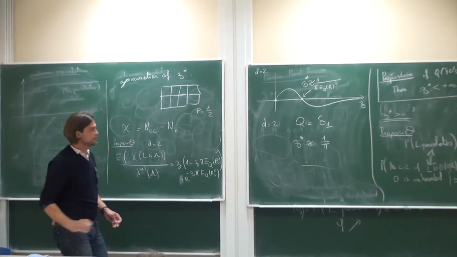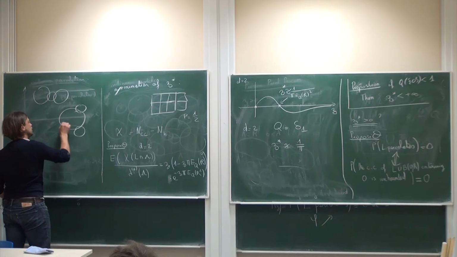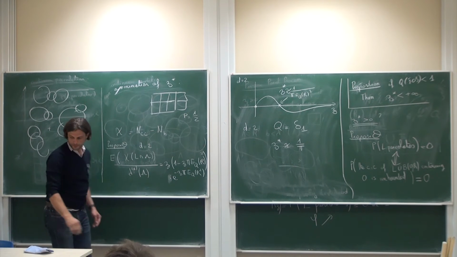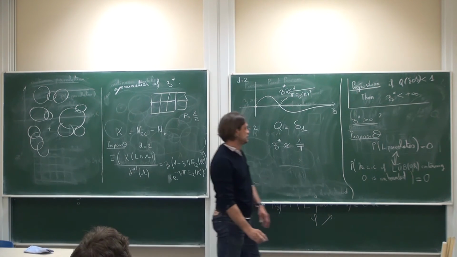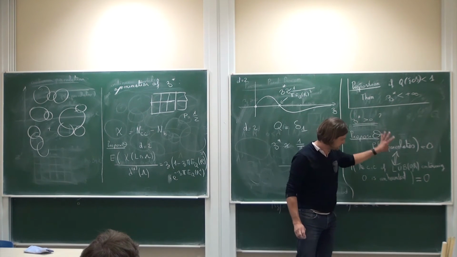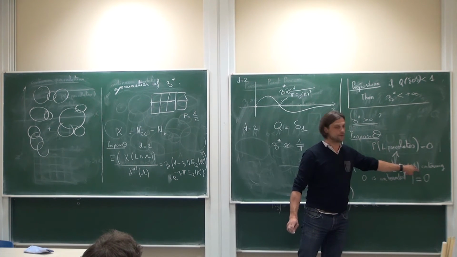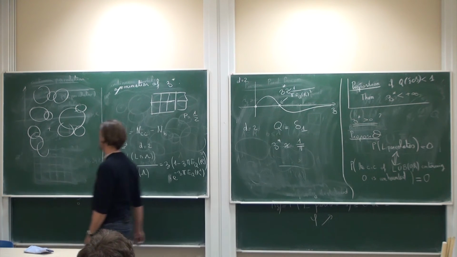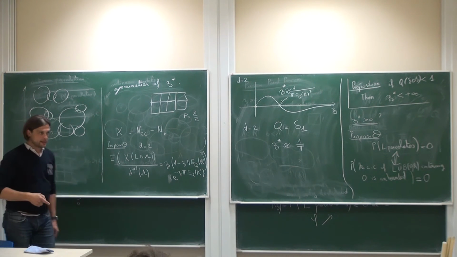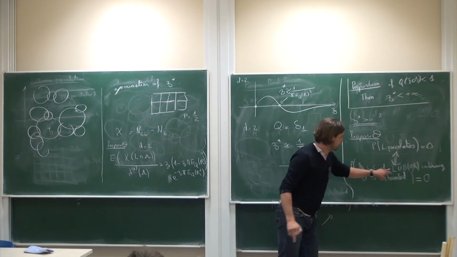So consider here the Boolean model. Like that, you have somewhere 0. And we claim that the probability that L percolates is equal to 0, no percolation, if and only if we add a ball in 0, with R random with law Q, so we add a new ball in 0. And now we look only at the connected component of L with this new ball.